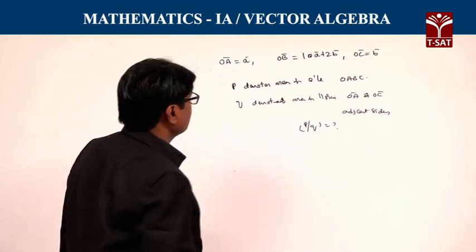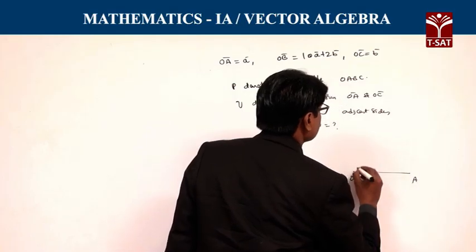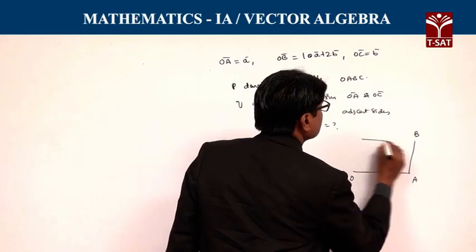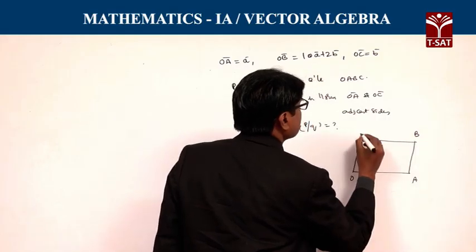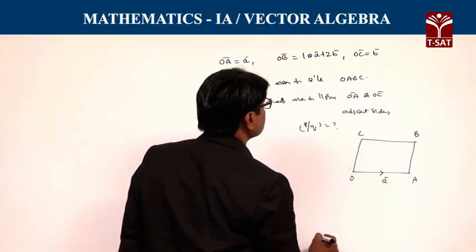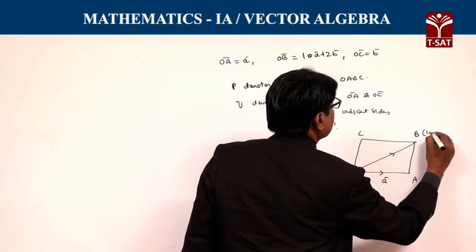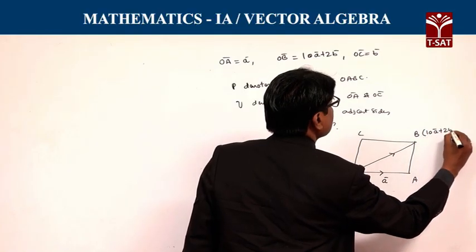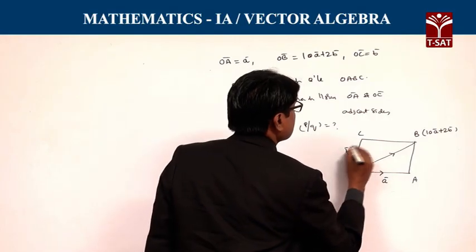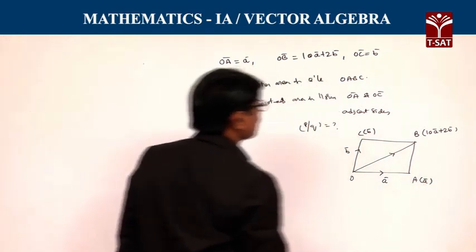To draw one quadrilateral OABC, O, A, B and C, where A and C are non-collinear, OABC quadrilateral. OA bar is equal to A bar and OB bar is equal to 10 times of A bar plus 2 times of B bar. OC bar is equal to B bar, this is B bar, this is A bar.